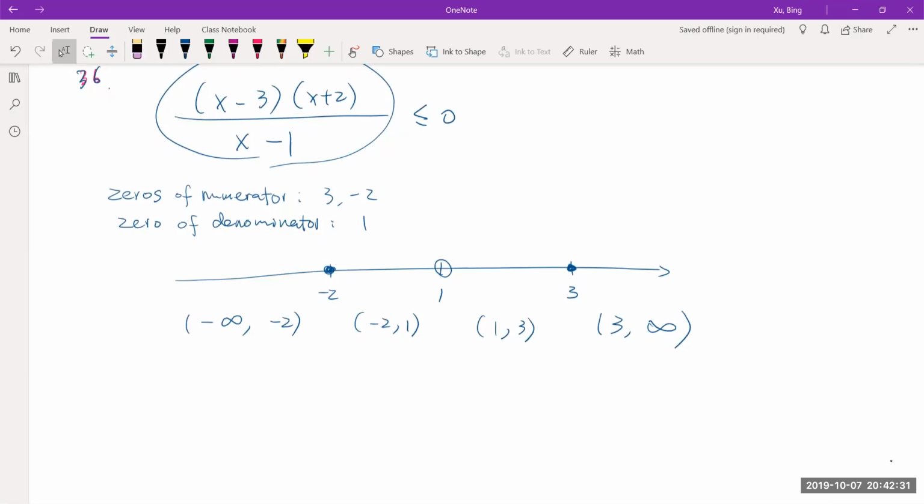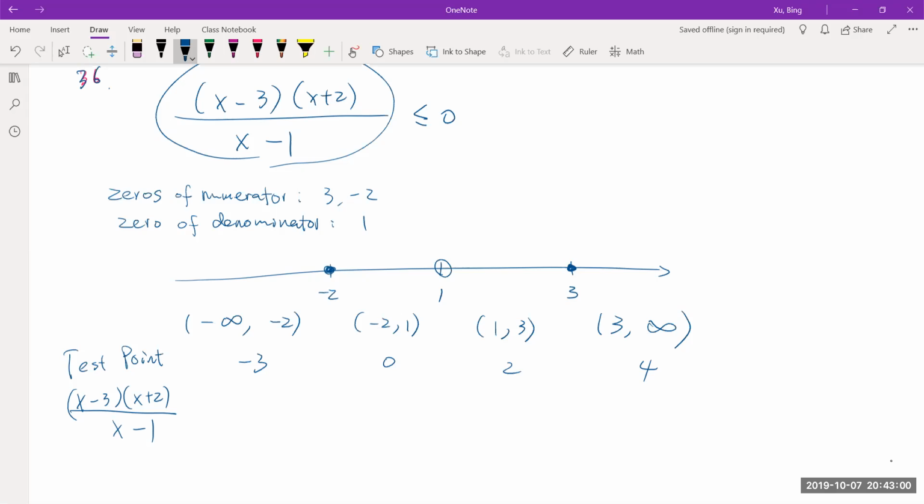So now pick a test point from each interval. You can pick whatever you want. I will just pick these 4 numbers. I plug it into this whole rational expression, the whole left side. I want to see if each test point will make this positive or negative.